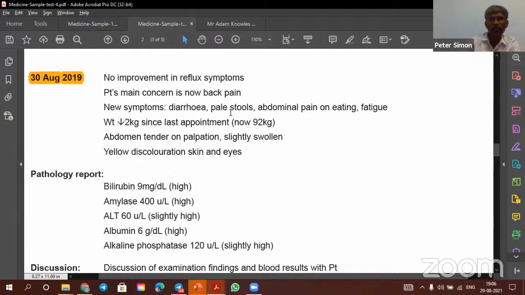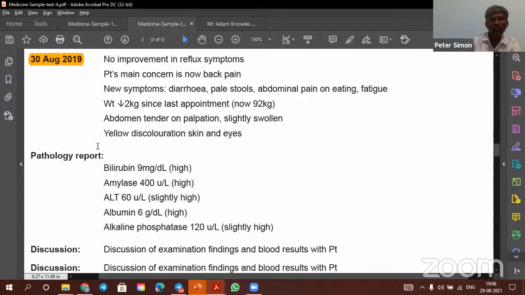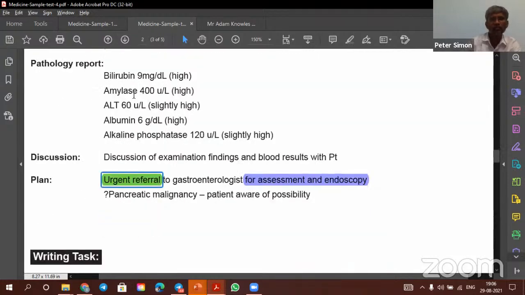New symptoms: diarrhea, pale stools, abdominal pain on eating, fatigue. Weight two kilograms down since last appointment. Abdomen tender on palpation, slightly swollen, yellow discoloration of skin. So this is the pathological report. You can see here, possibility of pancreatic malignancy. Patient aware of the possibility.